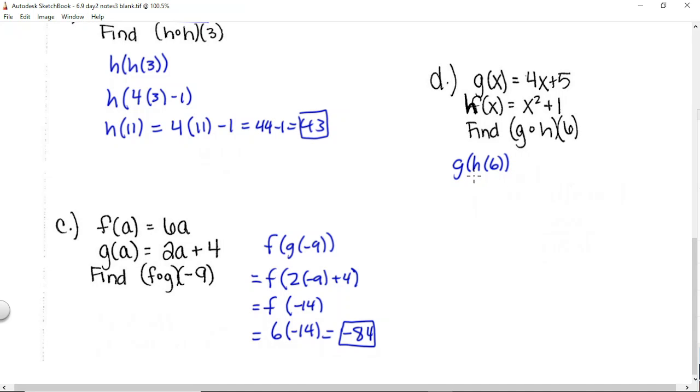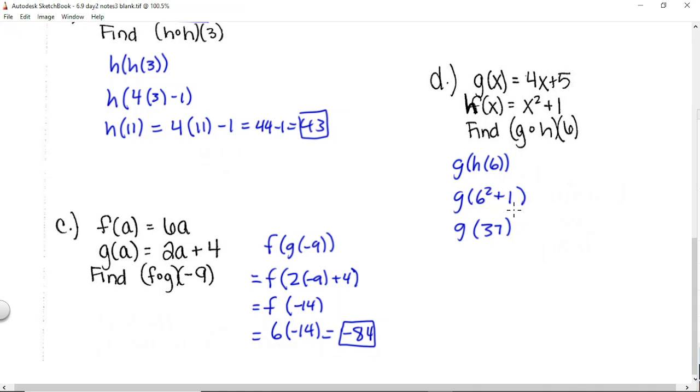So we have to find h of 6, and that becomes the input for g, right? So as the input for g, we will write h of 6, and h is x squared plus 1, so we just plug in 6 for x, right? So that's 6 squared plus 1, which is 37.